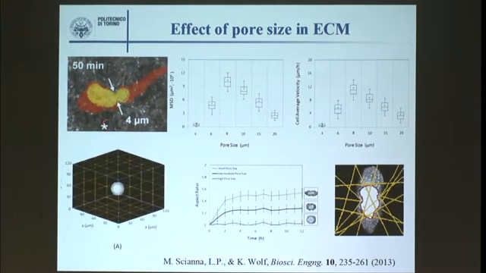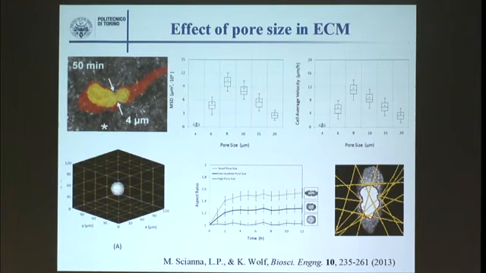What we find is that the speed of the cell depends strongly on the pore size, and there is an optimal pore size. This is typical of all the experiments that we did changing the parameters. For very small pore sizes there is barely any motion because the nucleus is trapped in the network, and the optimal size is more or less the size of the nucleus.